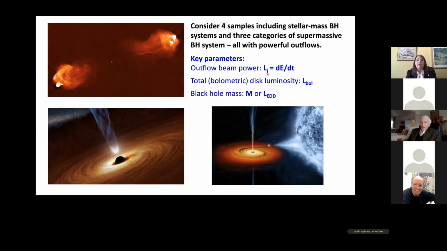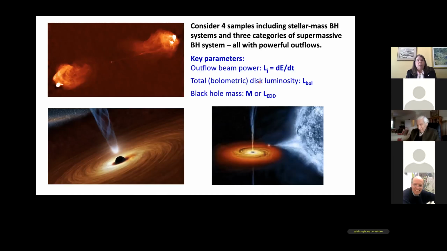The key parameters are the beam power of the outflow, which is the energy per unit time coming out in the form of a highly collimated jet, thought to be in the form of directed kinetic energy, the total radiant luminosity of the accretion disk, L bol, and the black hole mass, which is capital M, or the Eddington luminosity.